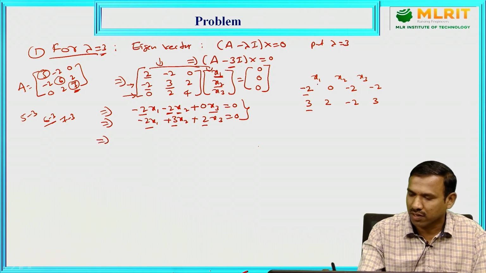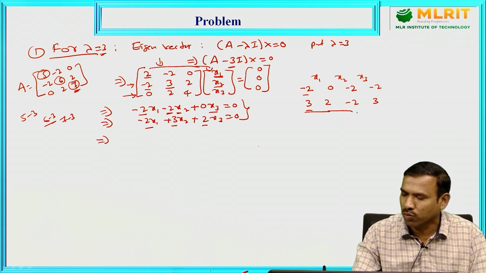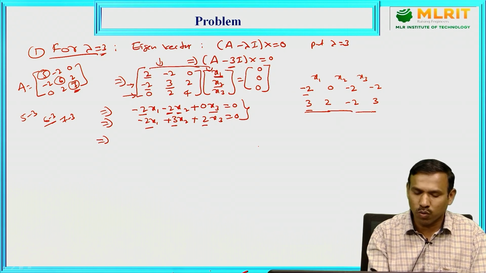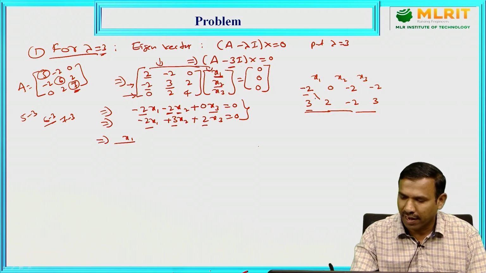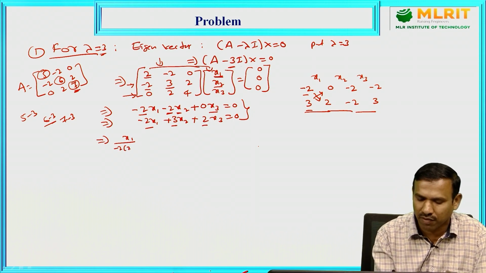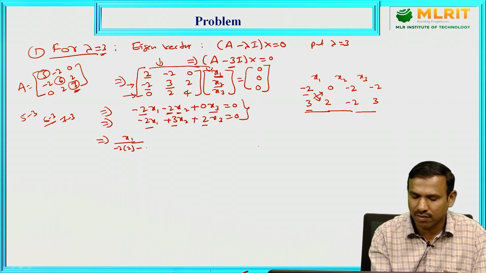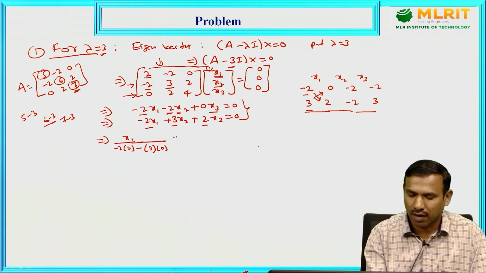Now first, this x1 is related to these two rows, x2 to these two rows, and x3 to these two rows; they will give the values. How to find this? Simply, x1 by AD minus BC, this into this minus this into this: minus 2 into 2, and I am writing very clearly to make you understand, minus 3 into 0. This is x1 over.